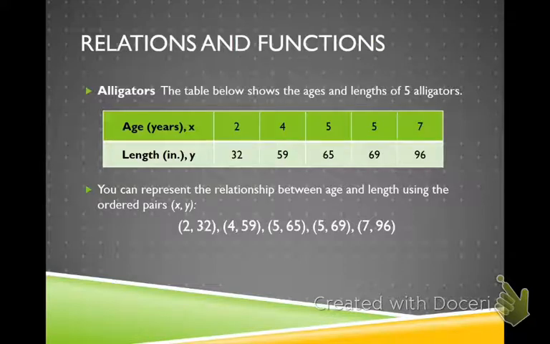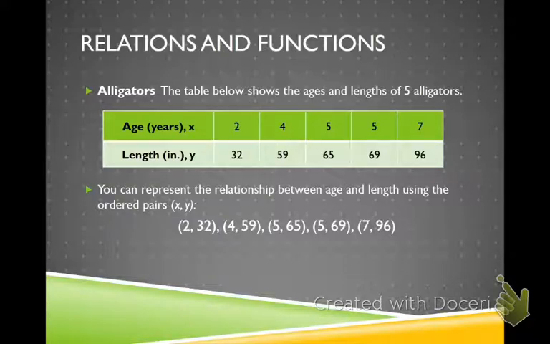That's what you see here. There's a 2-year-old alligator, a 4-year-old, two 5-year-olds, and a 7-year-old. At these ages, their length is this specific measurement. At 2 years of age, this alligator is 32 inches long. These aren't averages, they're actual measurements of an alligator.